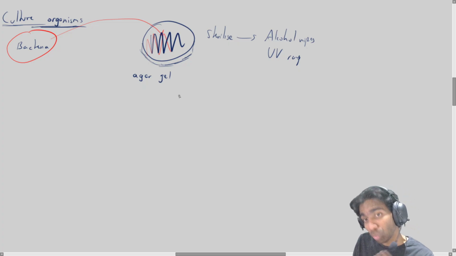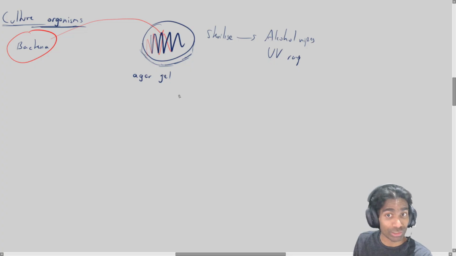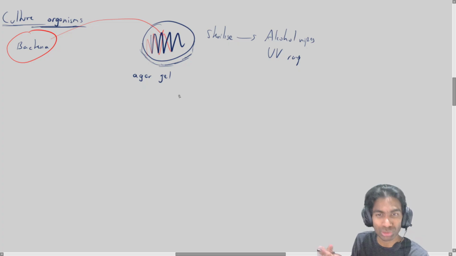The reason why you might want a single bacteria to be duplicated that much is because maybe you'd want to study what happens to a section of that bacteria without ruining your sample, right? Or maybe you'd want to study what happens to that bacteria when you're introducing it to different kinds of antibiotics. So it really depends on the context, right? But this is just an example of us culturing an organism.